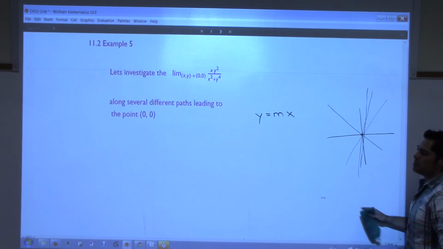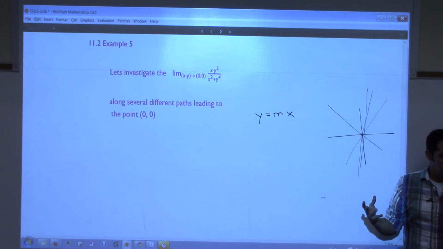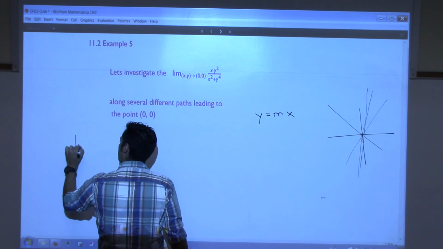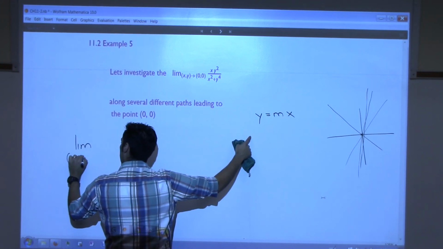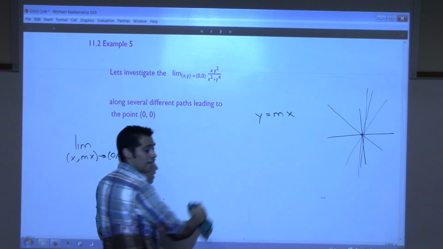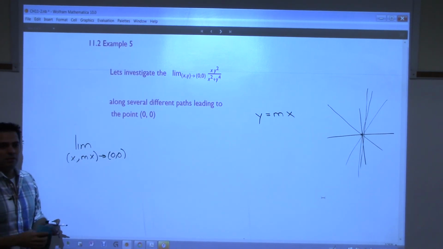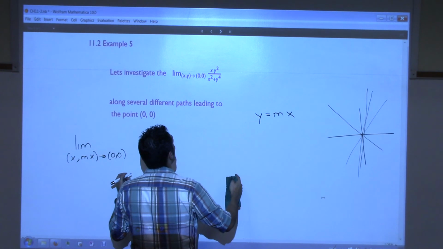So what I'm going to do is instead of fixing my slope, I'm going to let it be arbitrary. And now I'm going to rewrite that limit again. Limit, I'm replacing y with mx, so it's x mx. I hope you understand we already have the answer to this problem. Do you all get that? Okay, but this is another choice you could do that is pretty powerful when it comes to actually evaluating this.